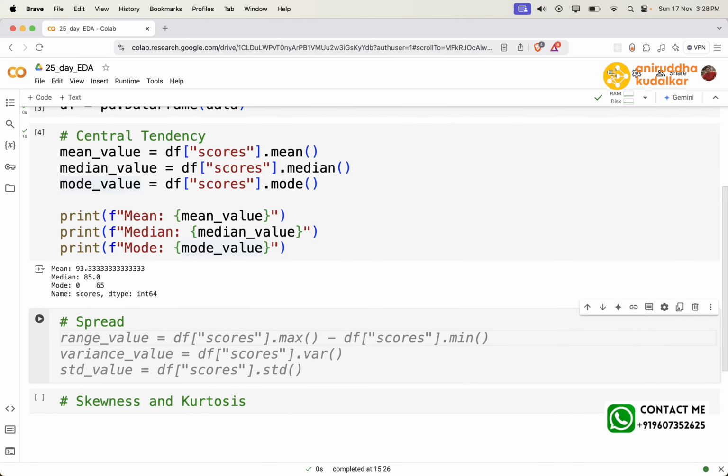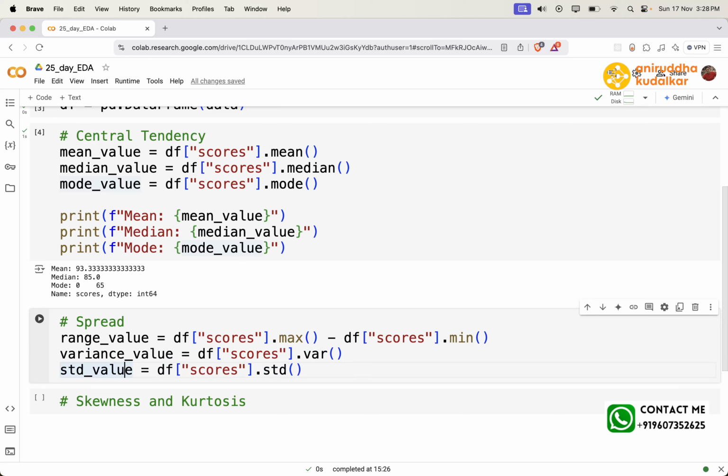Spread means the standard deviation, which we need to calculate, and the variance. Spread is the range of how values are spread out: the max value, the mean value, the variance, and the standard deviation.